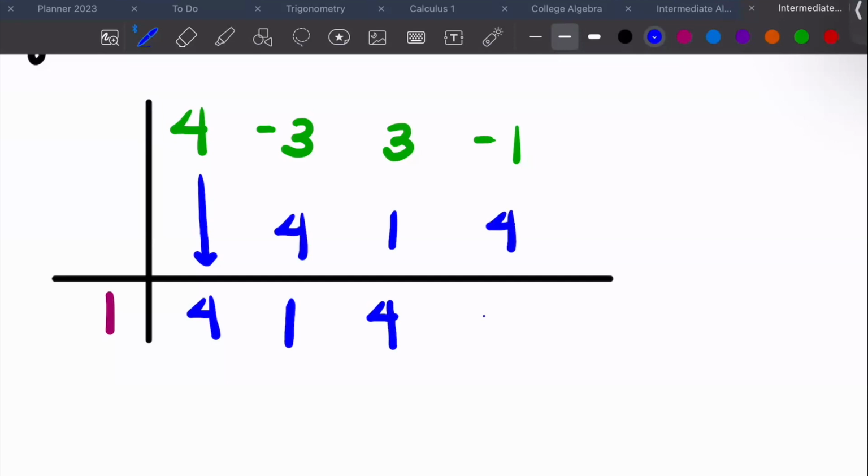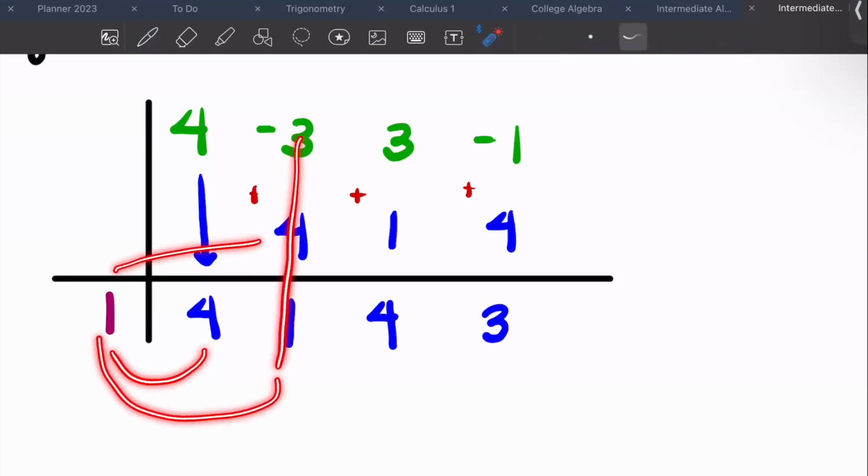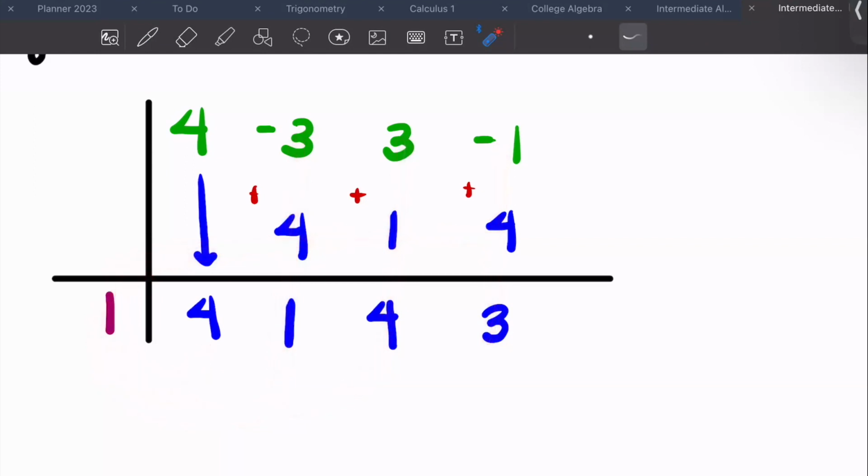Add down. We get 3. If it helps you to put little pluses right here, that's fine. It's very circular: multiply, add down, multiply, add down, multiply, add down, right?